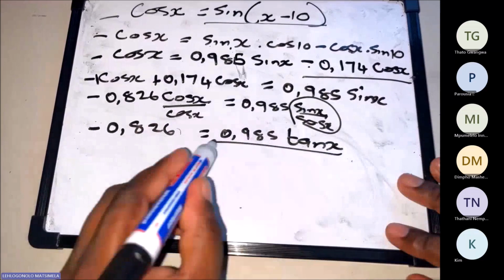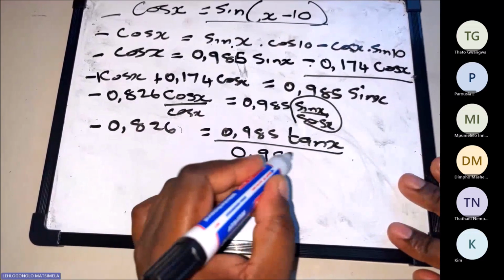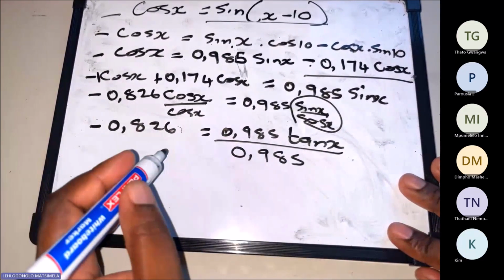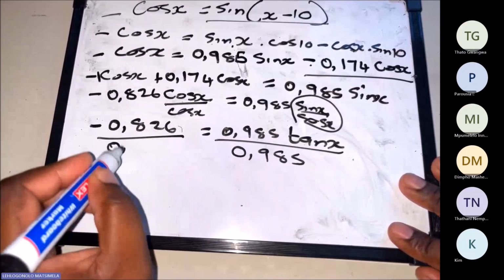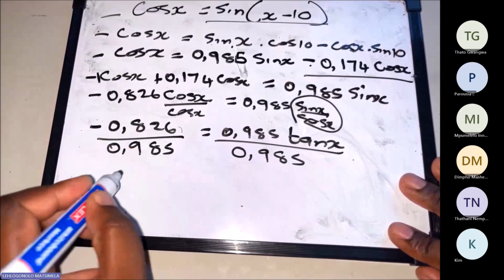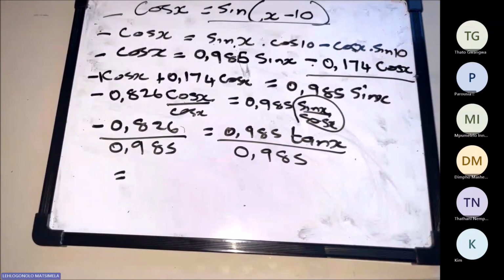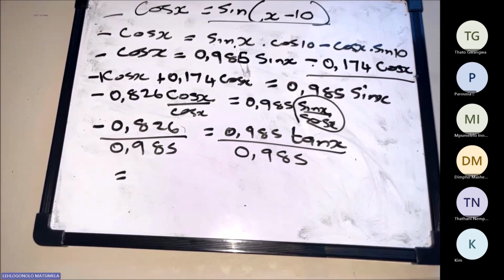Then I divide both sides by the number, which is 0.985, both sides. Then which is equal to, let's see, negative 0.826 divided by 0.985.